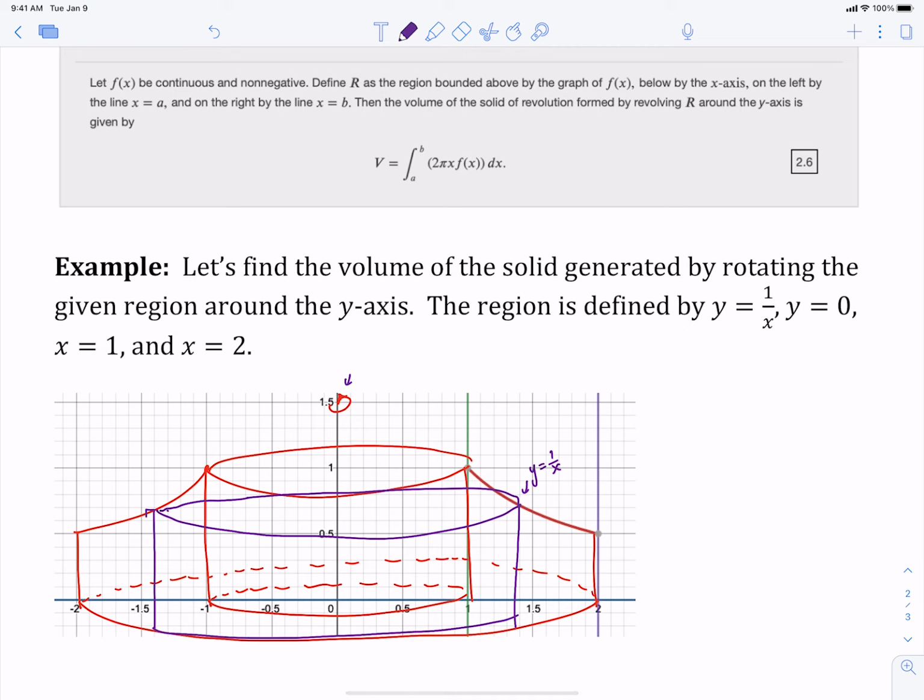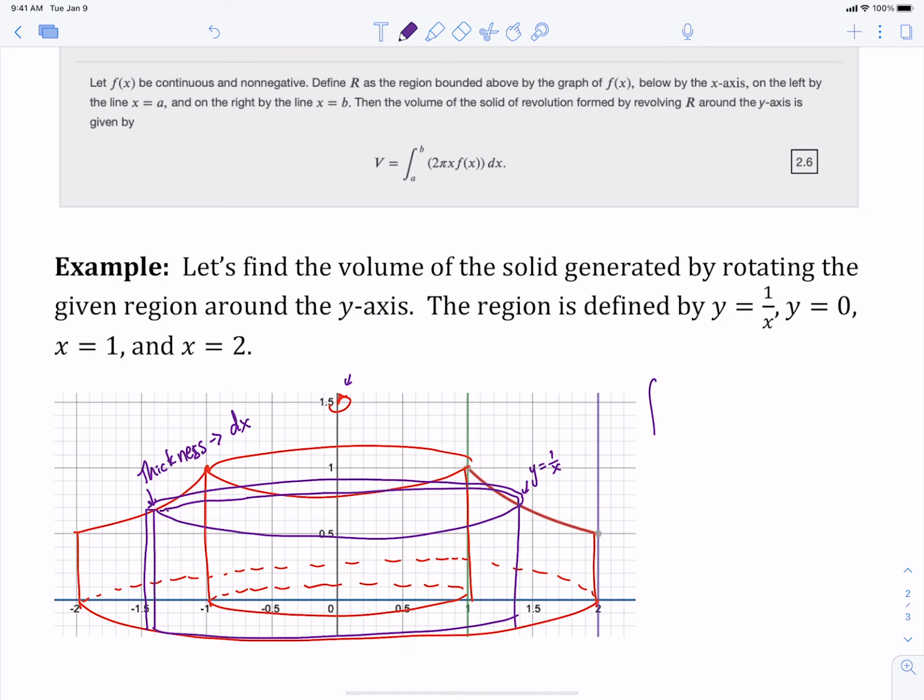And so its thickness, it's sort of hard to draw the thickness, but what we're chopping up into pieces is the x-axis. So our variable here is x, even though we're spinning around the y-axis. So this is a way for us to find the volume of functions that are defined in terms of x that are spun around the y-axis, so the opposite axis.